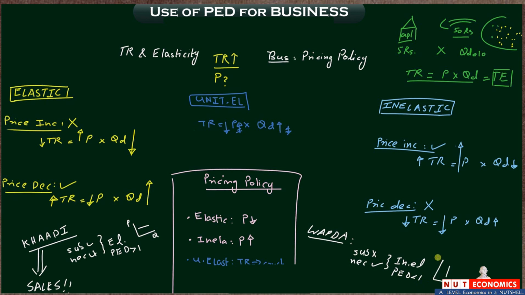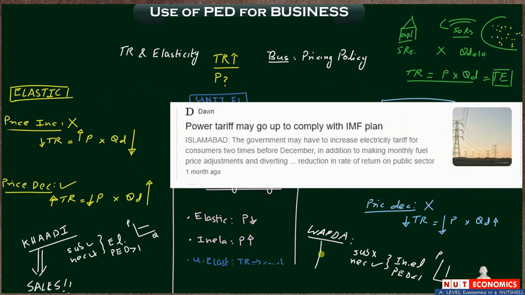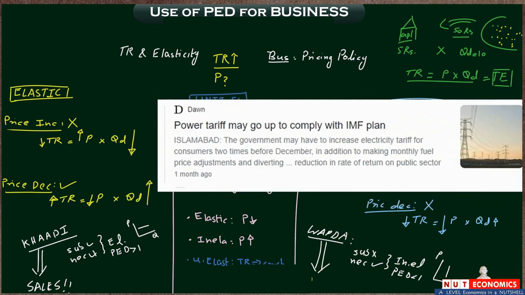Now in terms of pricing policy, our theory is predicting that if demand for the product is inelastic, then you should increase the price to maximize total revenue. Does Vabda increase its price? Well, unfortunately, we all know and we all suffer from the frequent price hikes of Vabda. So our theory is in fact matching with reality here, for once at least in economics.